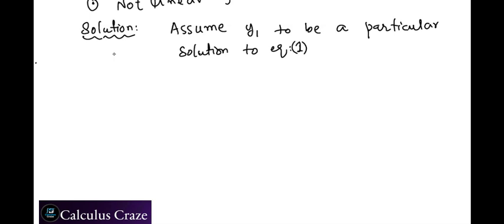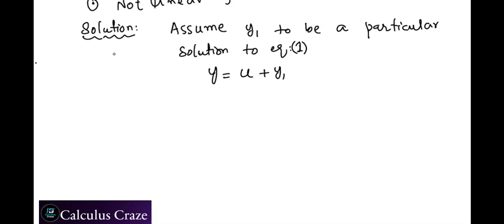Now what I have to do is define some transformation, in other words, a change of variables, which is u, and this u is a new variable. My task is to transform the original differential equation into another differential equation in the variable u. So I will set y equal to u plus y1. y1 is assumed to be the solution.